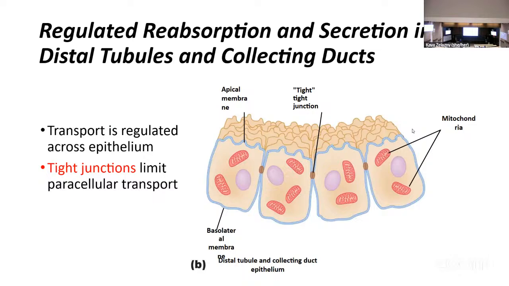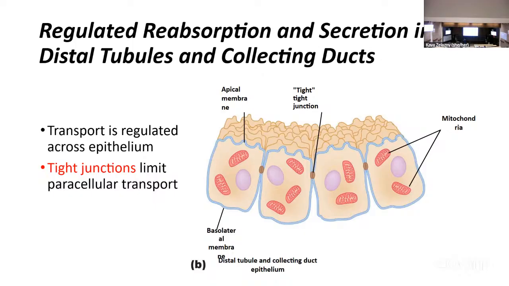Right. So when we're thinking about reabsorption, we will also want to think about other locations. So most of our reabsorption and all of our unregulated reabsorption is happening in that proximal tubule.